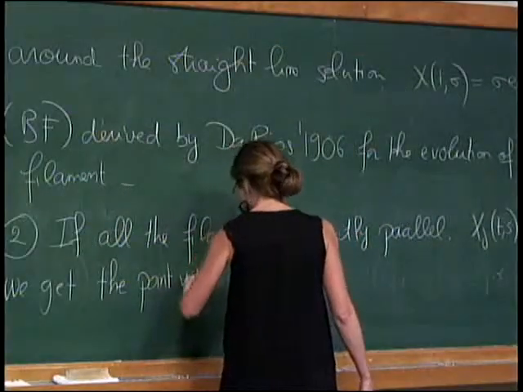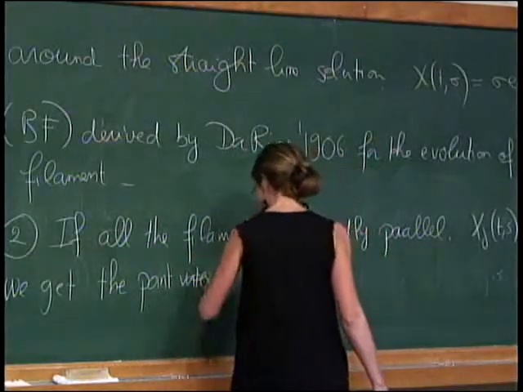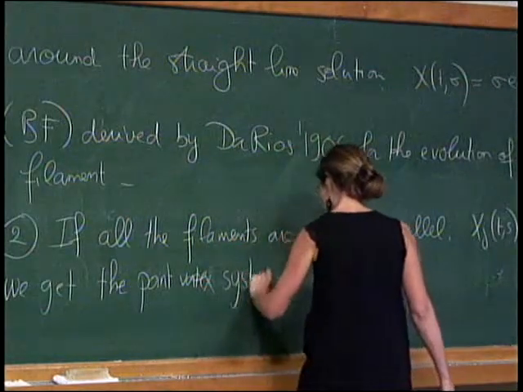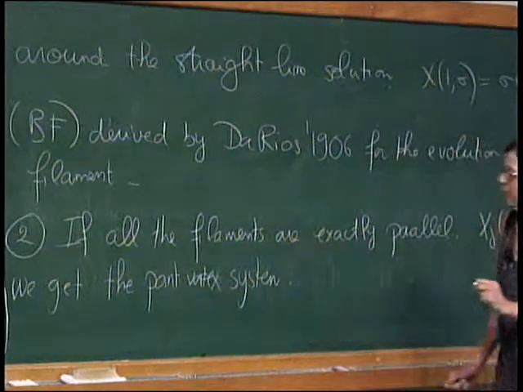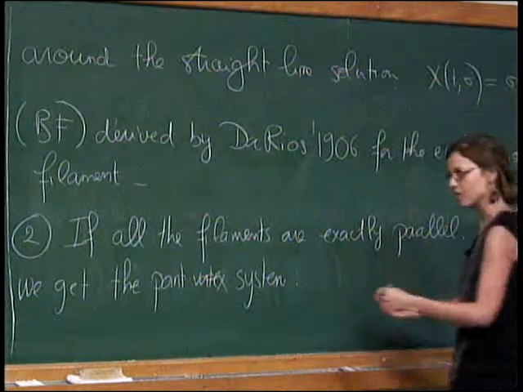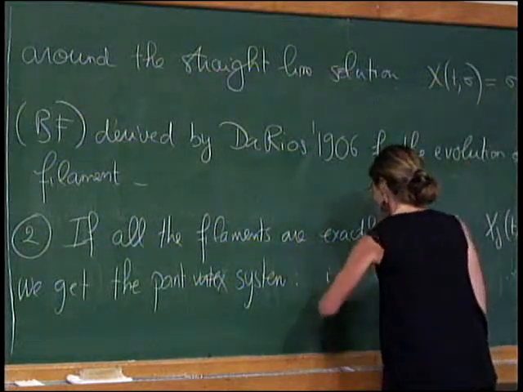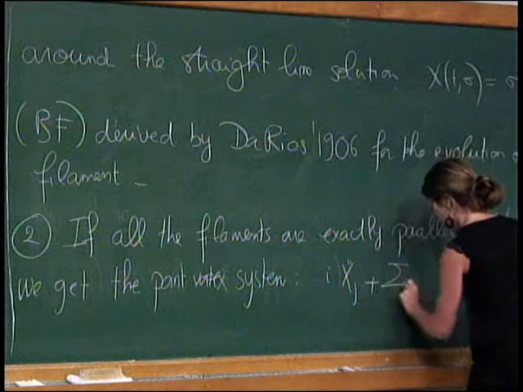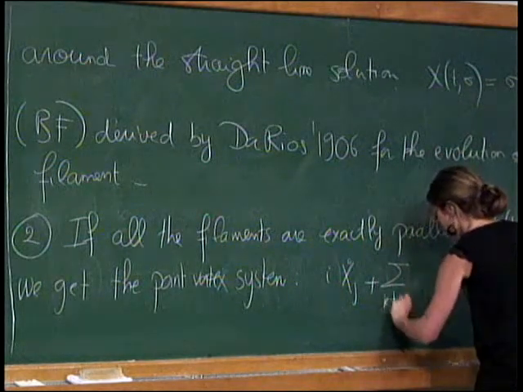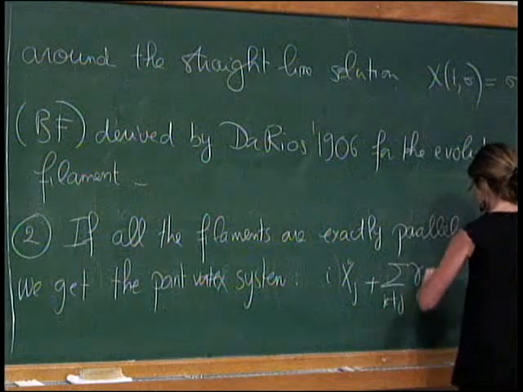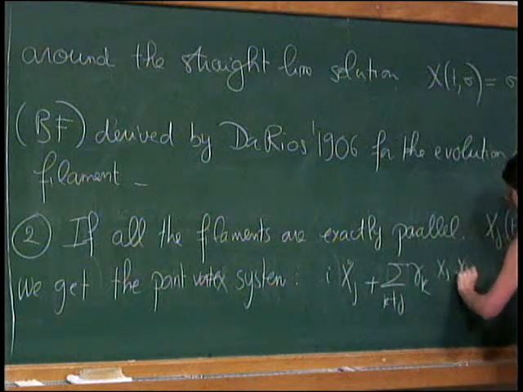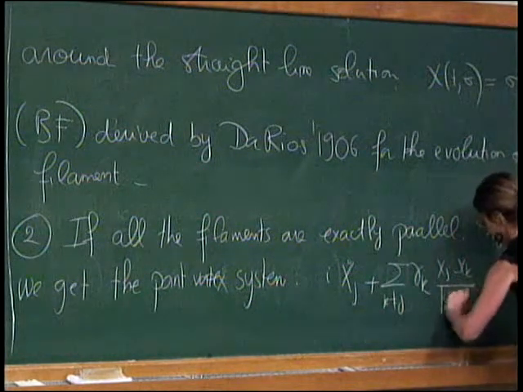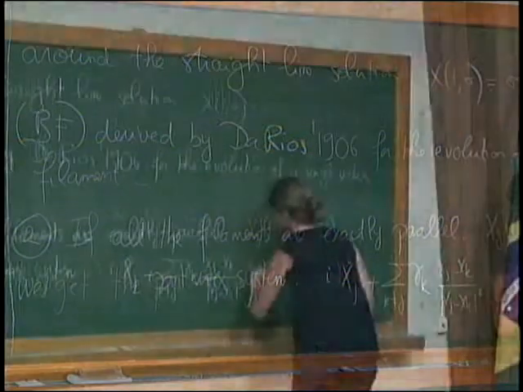And now everybody knows what it is, point vortex system. So this is the point vortex system which has been introduced today and also yesterday. So i xj dot plus the sum for k different from j of gamma k (xj minus xk) divided by |xj minus xk| squared equals 0.